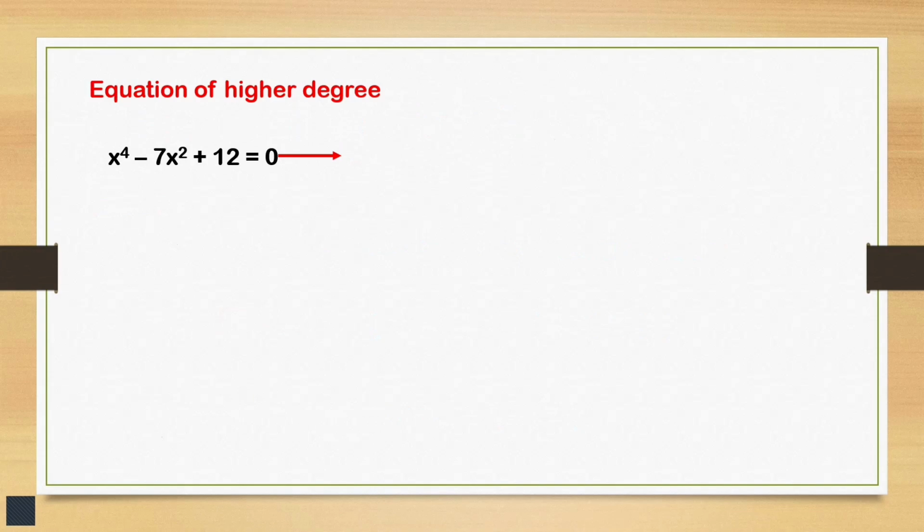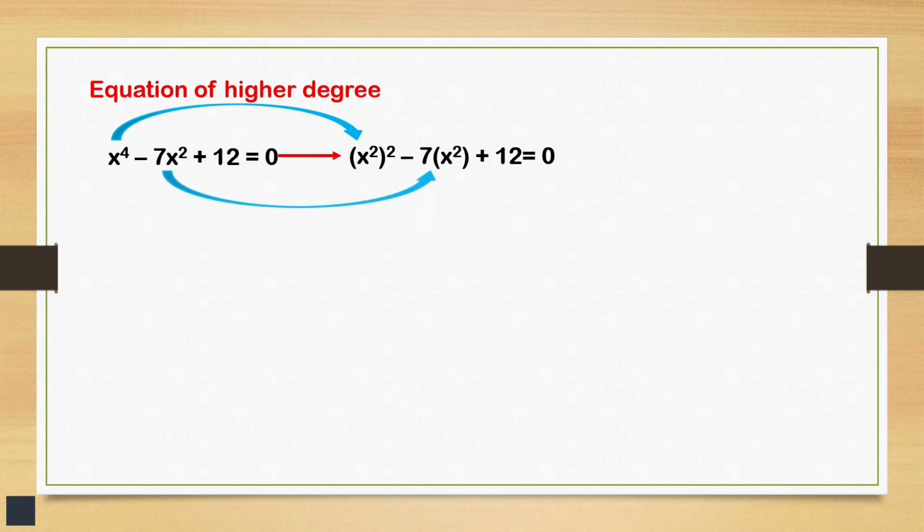x to the fourth minus 7x squared plus 12 equals 0 can be written as the quantity x squared, squared, minus 7 times x squared plus 12 equals 0. Here, x to the fourth is written as x squared squared, applying the law of power, and 7x squared is written as 7 times x squared.